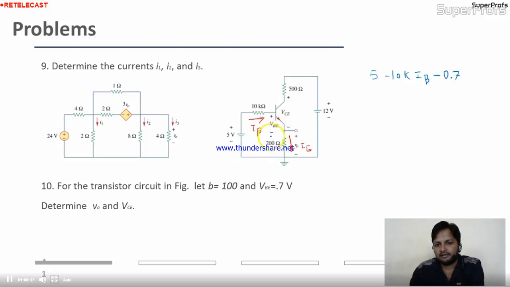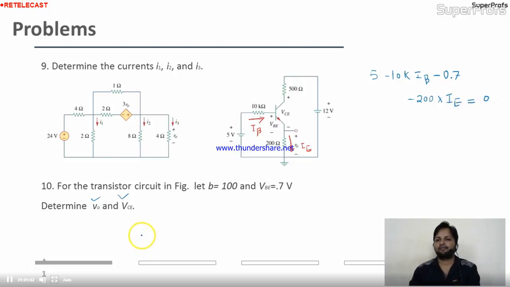Because the outer terminal is the negative terminal. The question is asking to find V0 and VCE, correct? Now come here. The voltage drop is minus 200 into IE equal to 0.